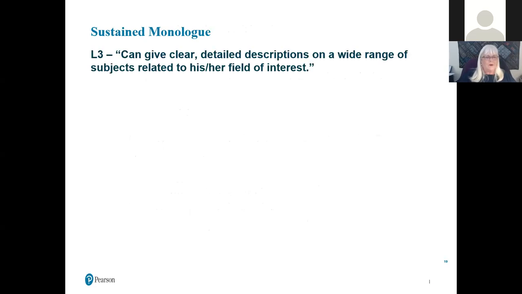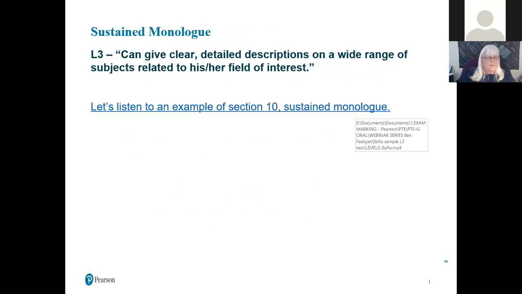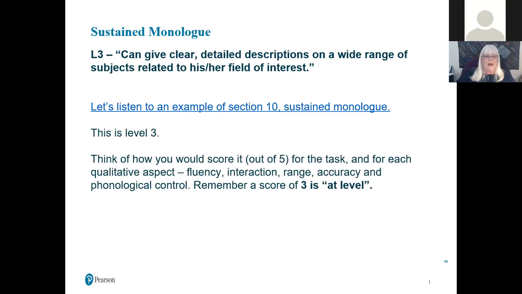And now we're going to listen to a level 3. Here's the level 3 criteria again for your reference. We're going to listen to an example of a level 3 student. And I'd like you, as we're listening to it, to think how you would score it out of 5 for the task, sustained monologue.